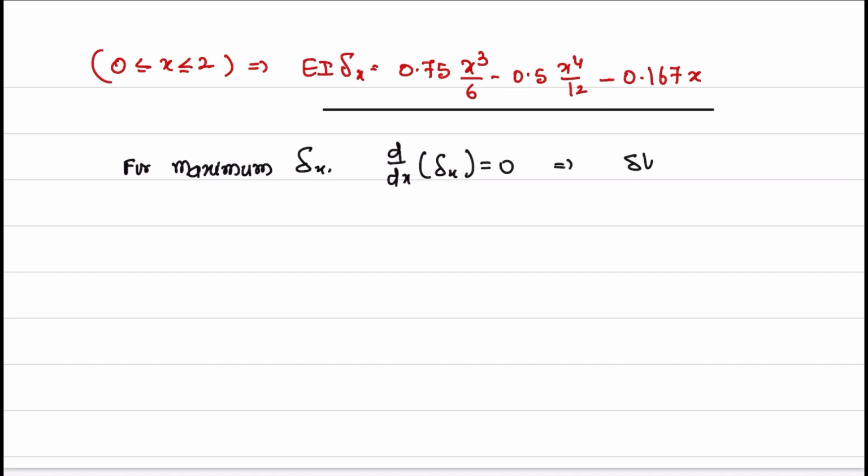That means slope should be equal to 0. This is also another MCQ question. At the point of maximum value, the slope is 0. The slope is 0. This is very important.